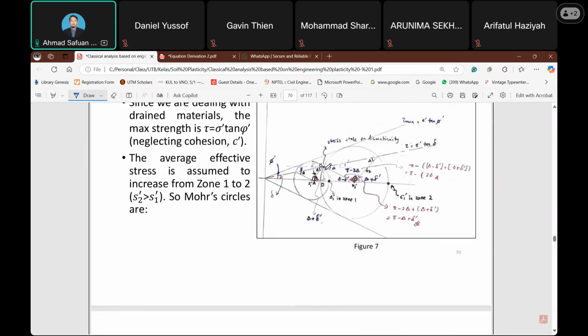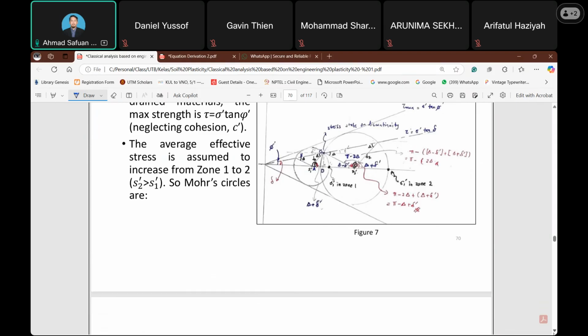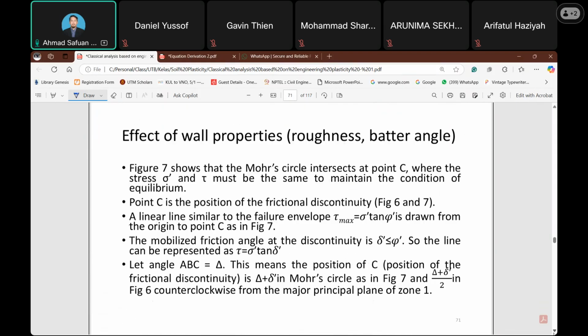So this is a state on the discontinuity, because the boundary between zone 1 and zone 2 happens here, where the sigma stress and tau must be the same to maintain the condition of equilibrium. Point C is in the position of the frictional discontinuity.